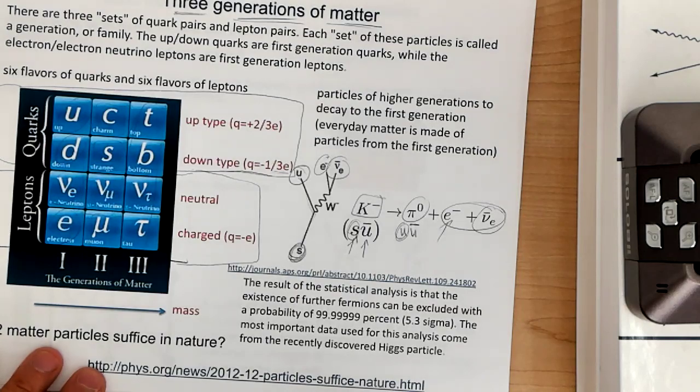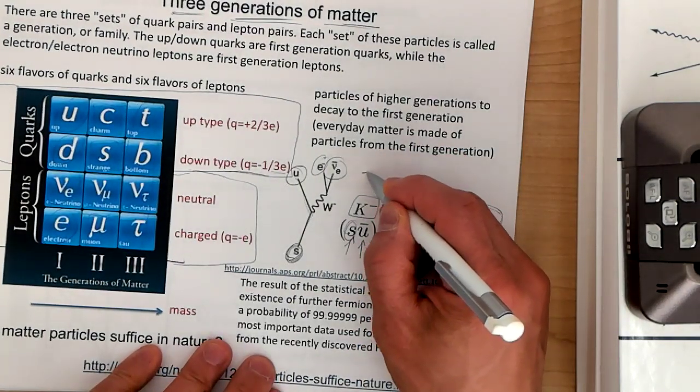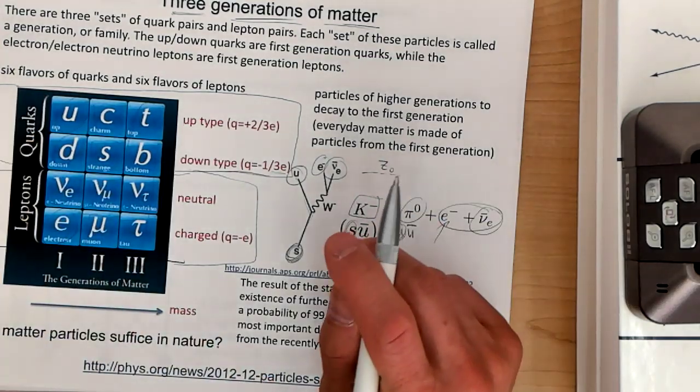Okay. Now, how do we know that there are not more than 3 generations? That's actually a good question. There have been measurements of the properties of this Z0 particle that we just described.